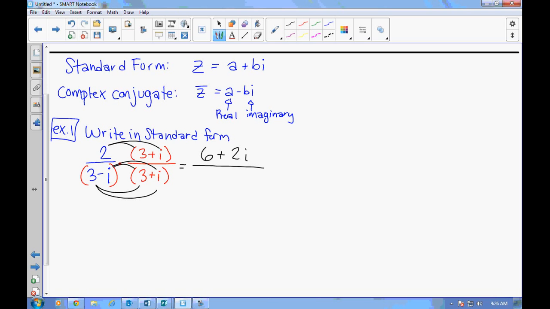Multiply those through. Did you do that? Keep going. Good.